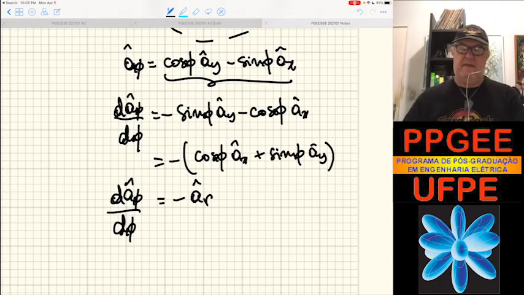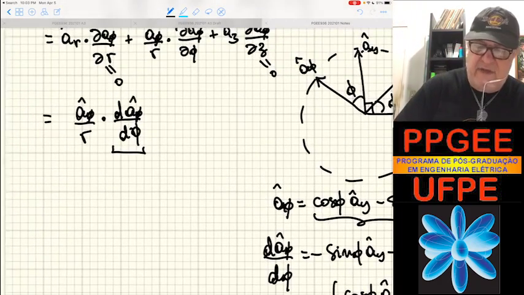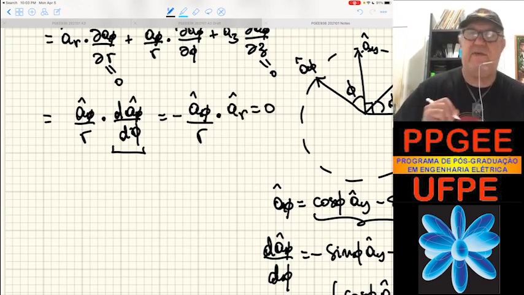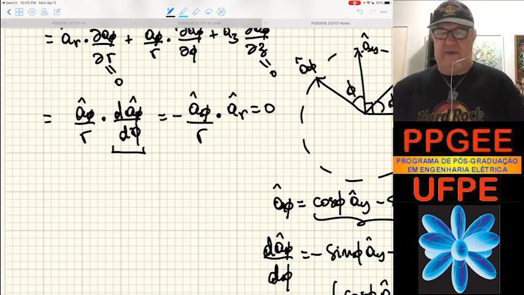So d a phi d phi is minus a r. Here we have the dot product of minus a phi over r with a r, which equals 0. Same result. So it works. For this example, and it's going to work in any example, but it works.